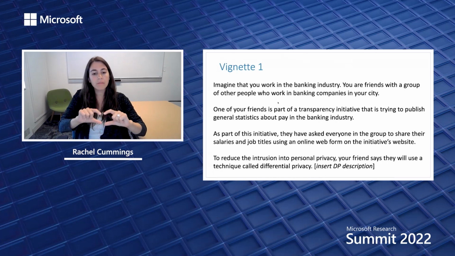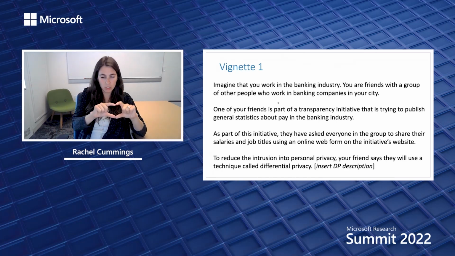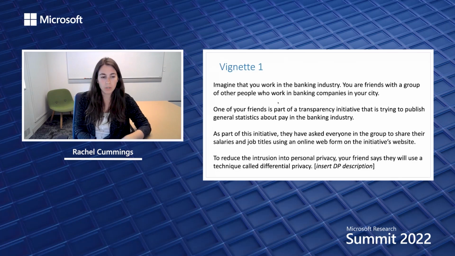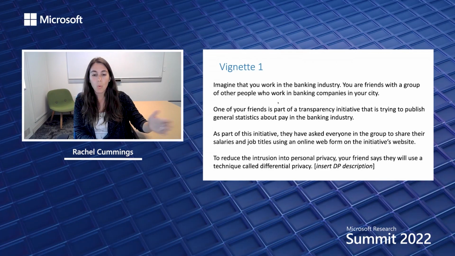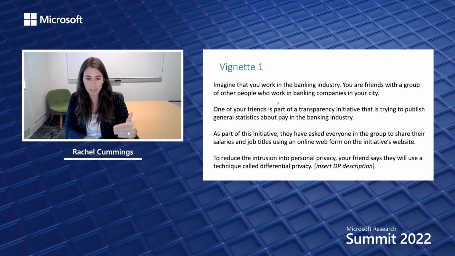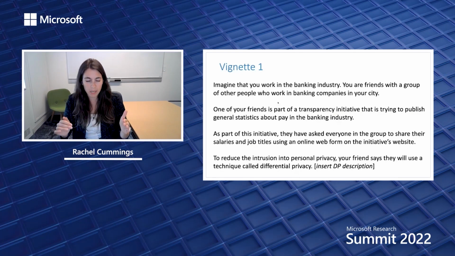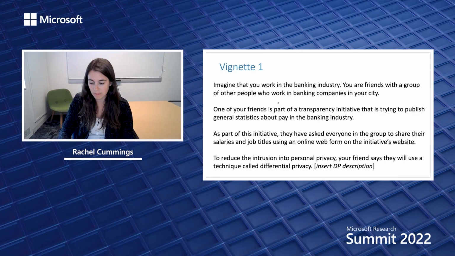And then we have this additional privacy description. And so we say, to reduce the intrusion into personal privacy, your friend says they will use a tool that's called differential privacy. And then we inserted one of our 6 different privacy descriptions, as well as a no privacy baseline where there is no additional privacy information.